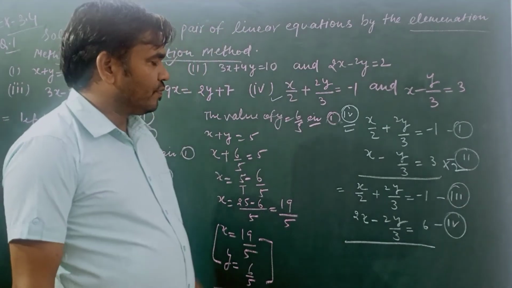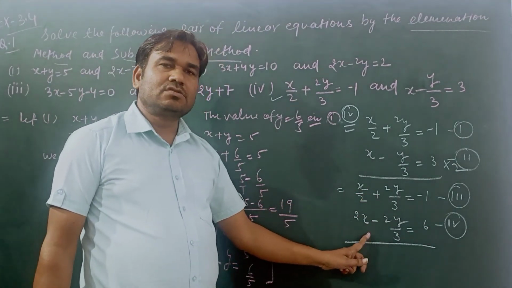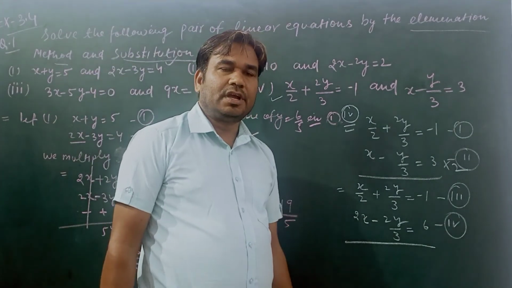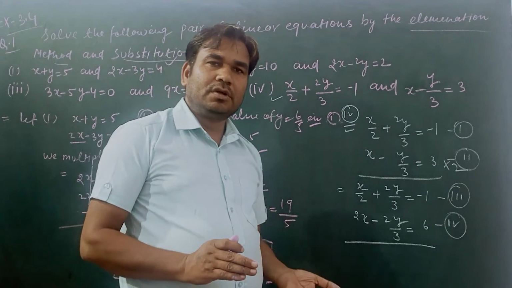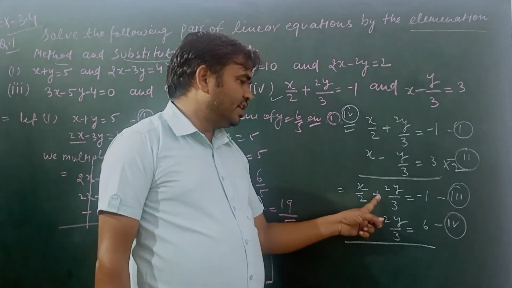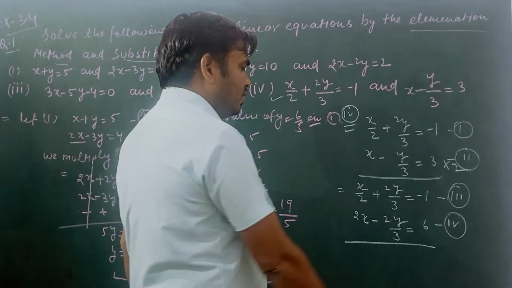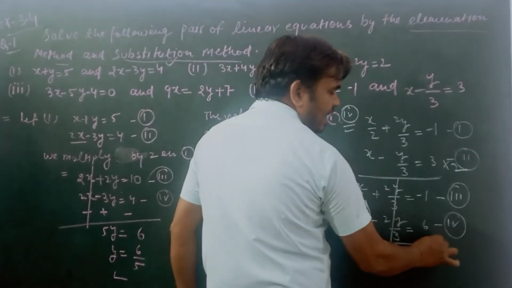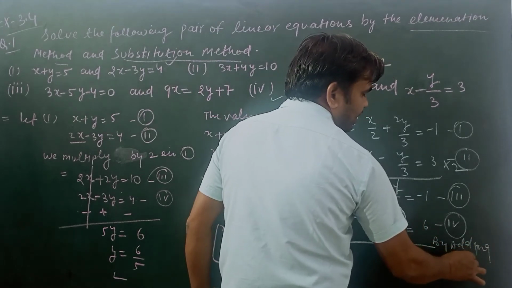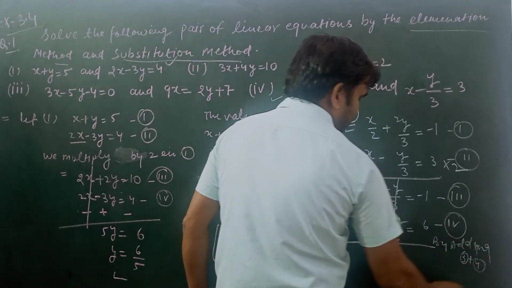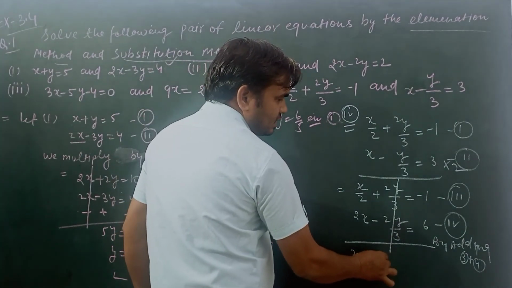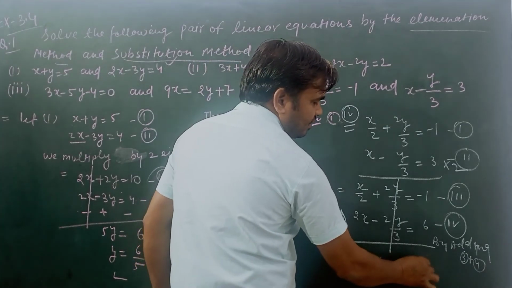When the signs are different, we do not need to change the sign of the variable; if the signs are equal, we need to change the sign. Here the signs are different, plus and minus, so we add equation 3 and 4.